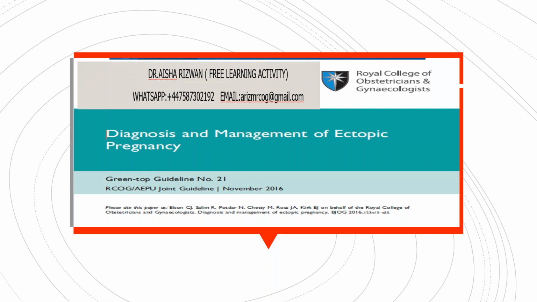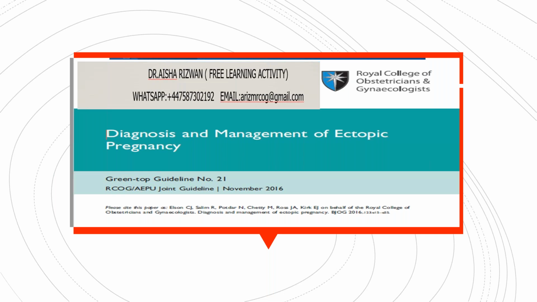So an ectopic pregnancy is any pregnancy implanted outside of the endometrial cavity. Okay, it is located outside of the endometrial cavity. The incidence has been stable for a long time, and the incidence is 11 in 1,000 pregnancies.